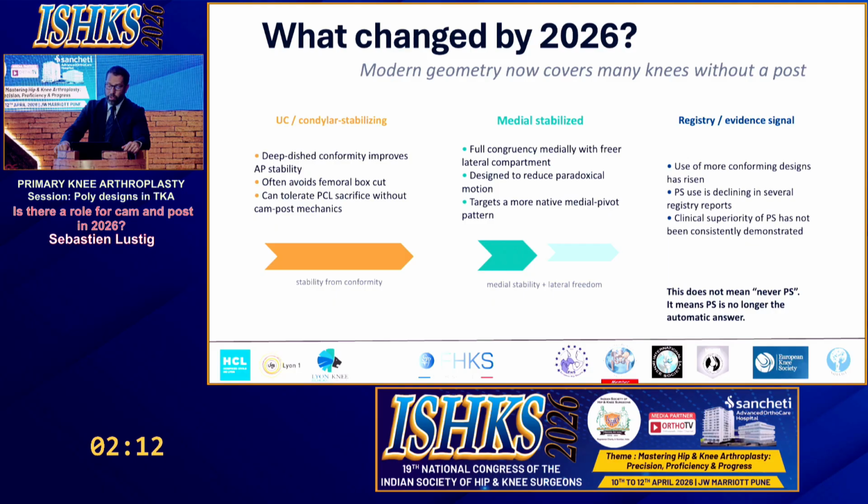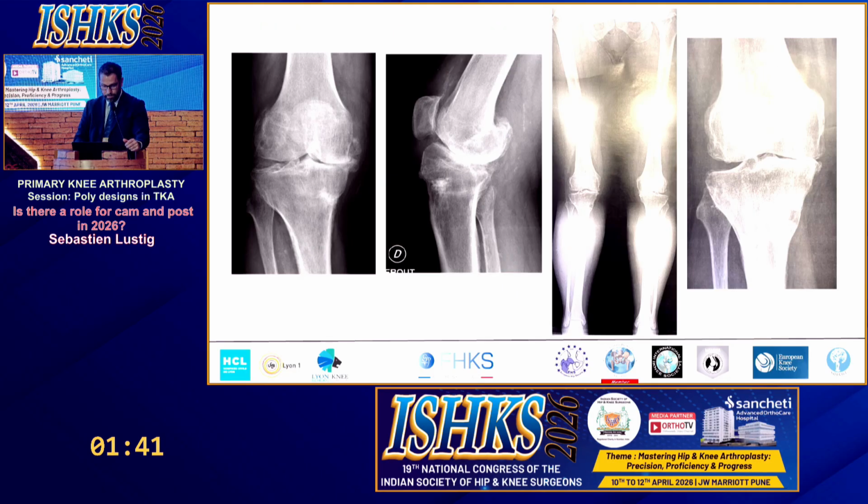And also, when you look at registry data, and now you have a lot of good long-term data from registries, you can see that the post-cam design is losing interest in many countries, and that the superiority of the post-cam to the other, more recent designs is definitely not demonstrated. So there is probably now some evidence to consider that post-cam is not the automatic answer, but is one answer that you can choose, but not consistently.